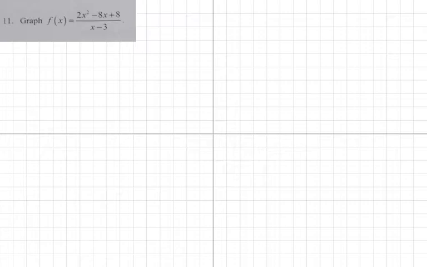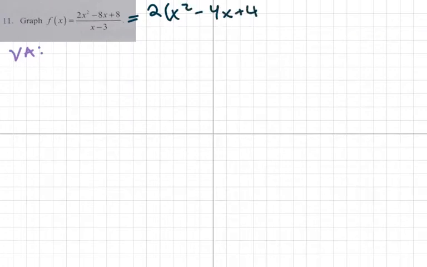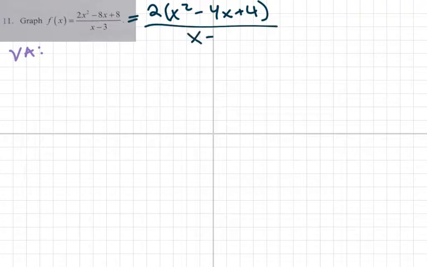And what we're going to do is we're going to look for vertical asymptotes first. So we take this, actually, before I even do that, I'm going to take the numerator and I'm going to factor out a 2, and then what will remain will be x squared minus 4x plus 4 all over x minus 3.